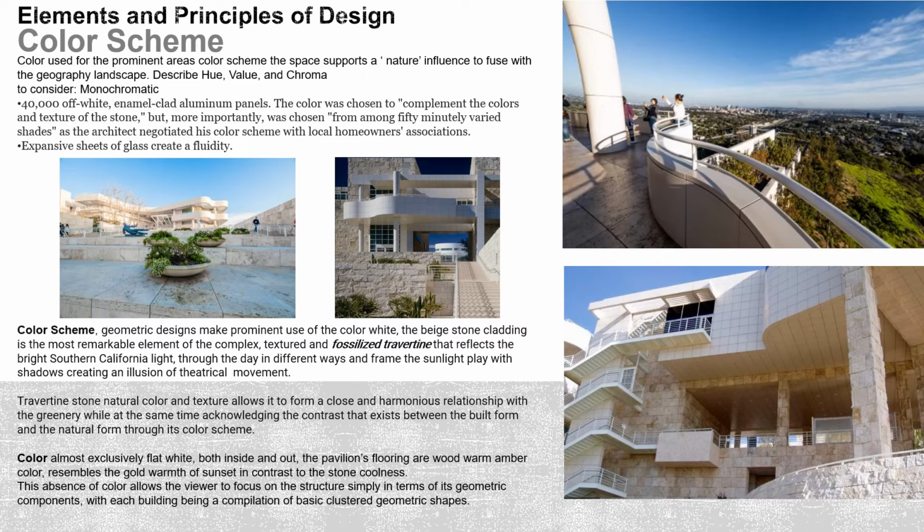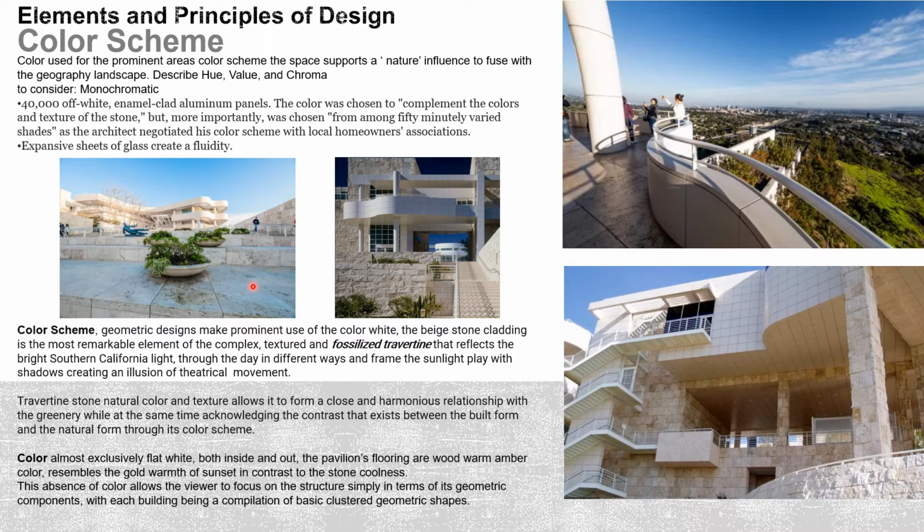Among the elements and principles of design is the color scheme. The colors are used principally in a scheme that the space supports as a nature influence to fuse with the geographical landscape of Southern California.